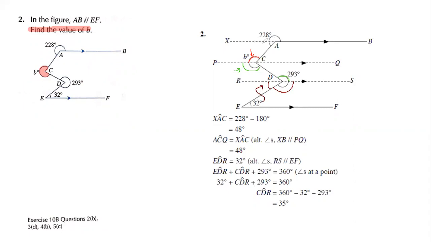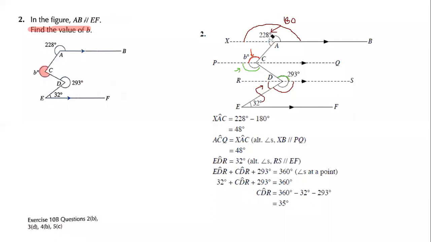Also, we want to find the angle here. So we also know that the total angle here is 180 degrees. If we subtract this from 228, we will get the value for the angle here.